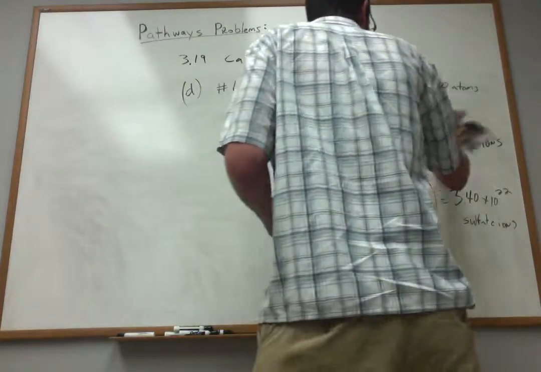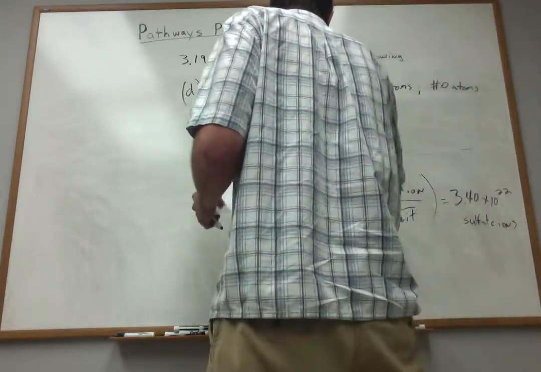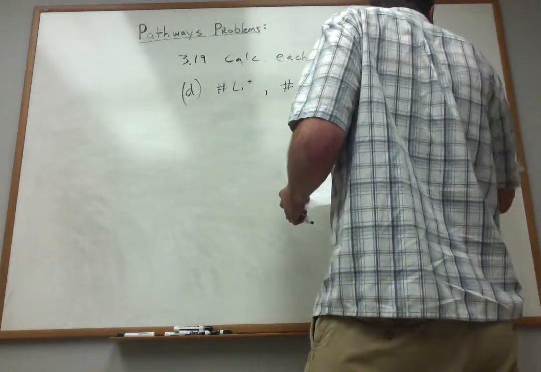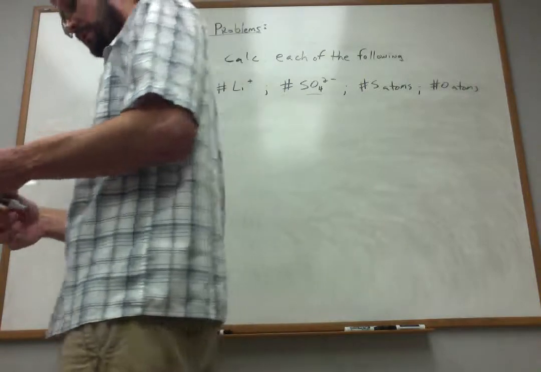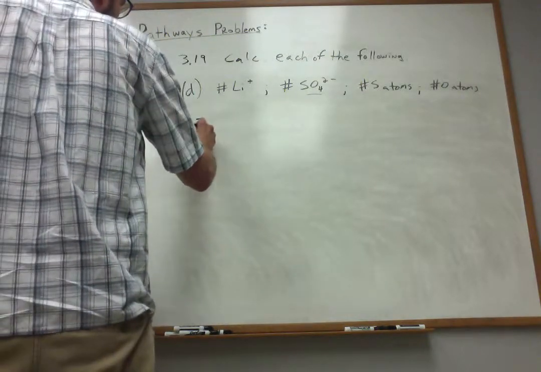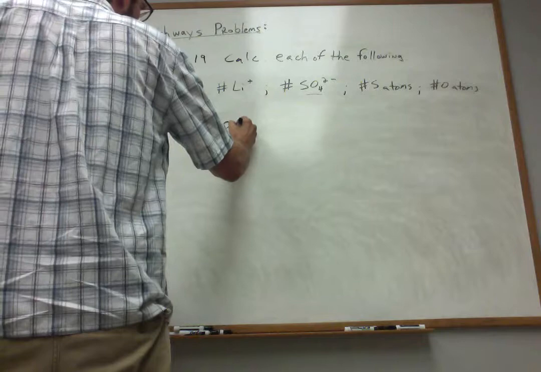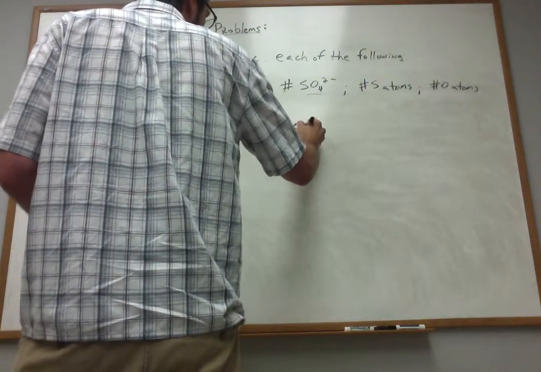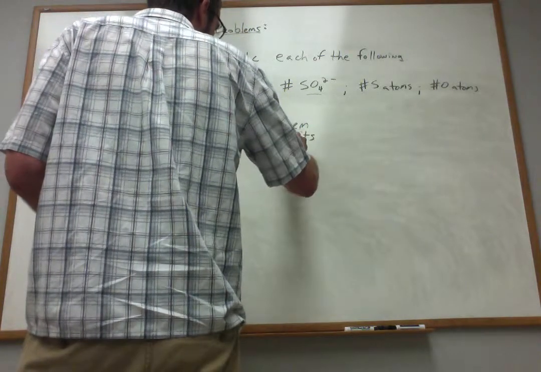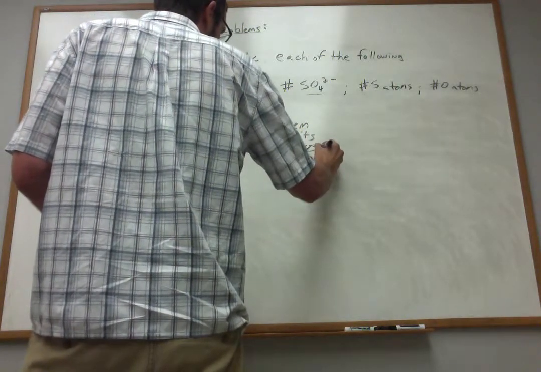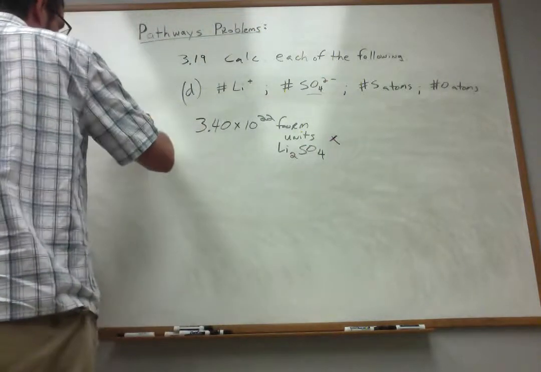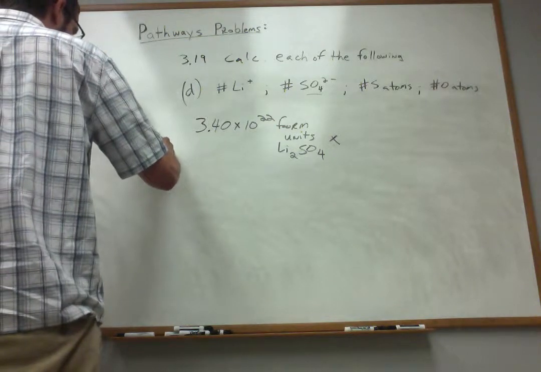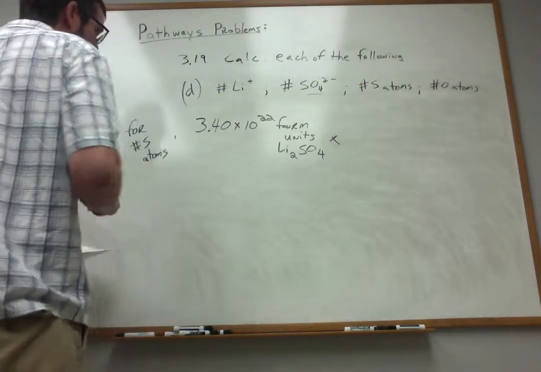We're also asked about sulfur atoms and oxygen atoms, considering the same sample, 3.40 times 10 to the 22nd formula units of Li2SO4. Let's compute the number of sulfur atoms, huh? How can we do that?